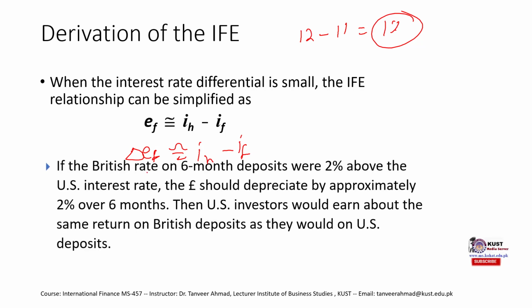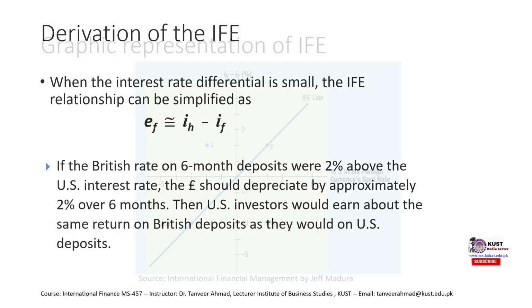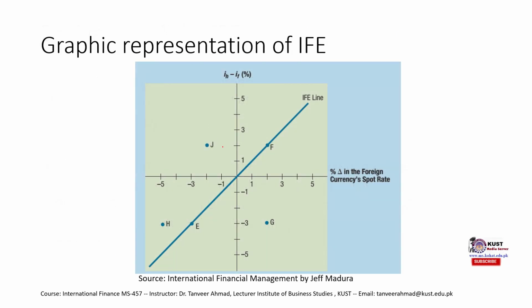So if a British rate on 6 months deposit were 2% above the US interest rate, the pound should depreciate by approximately 2% over 6 months. Then a US investor would earn about the same return on a British pound deposit as they would on a US deposit. Okay, anyhow. So the graphical representation of this is similar.